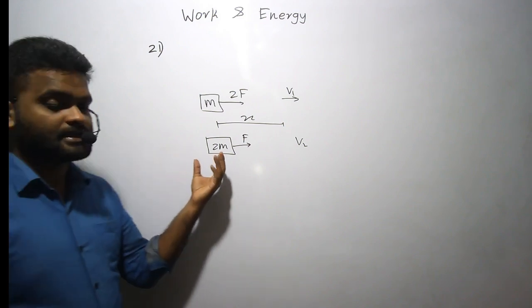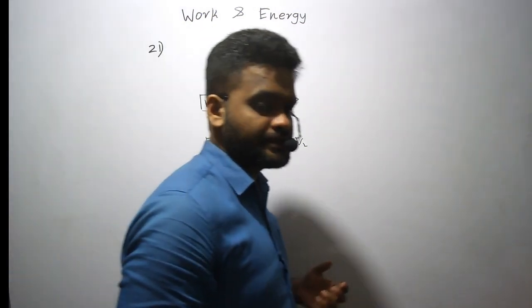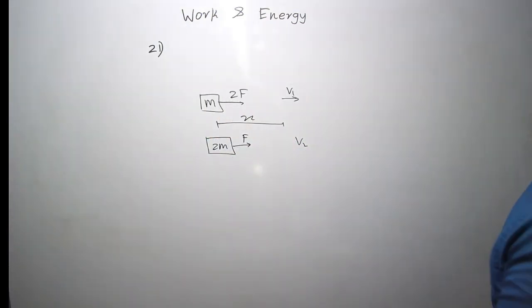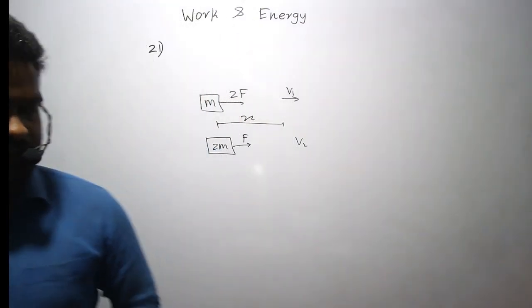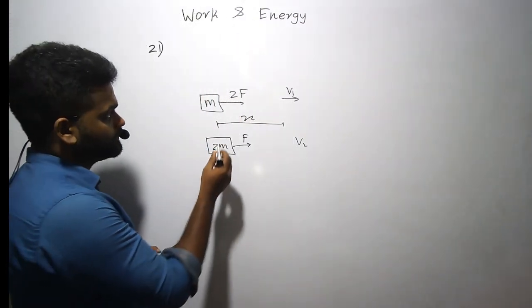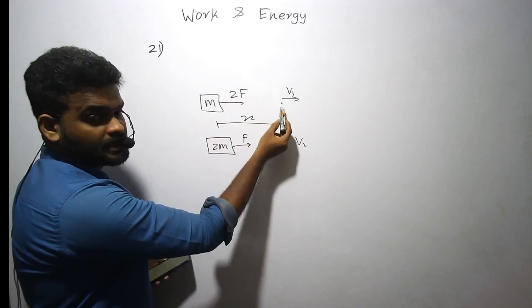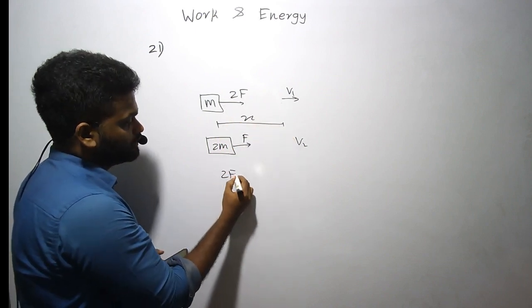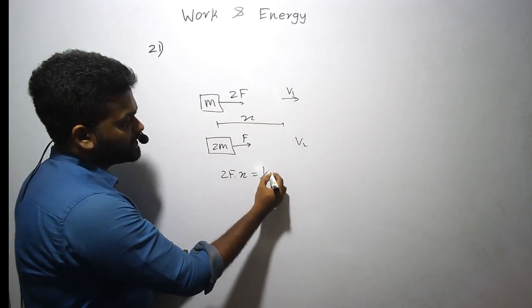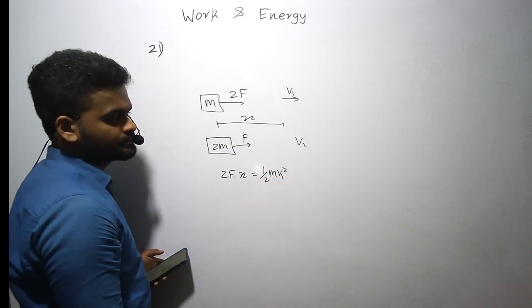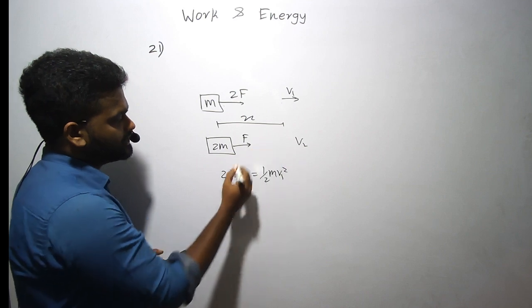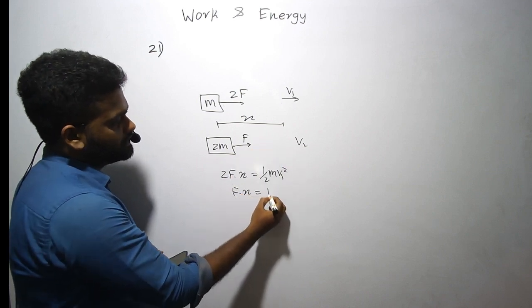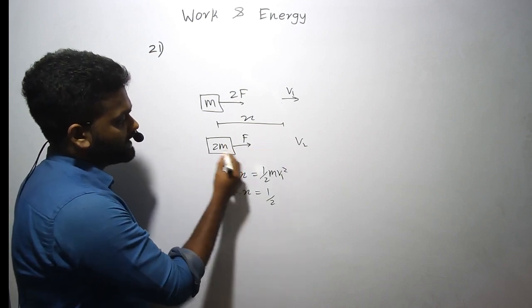So work done is equal to kinetic energy gained. Okay, let's see. Here the work done is 2Fx, equals kinetic energy gained. In the second case, work done is Fx, equals kinetic energy gained, but the mass is 2m.